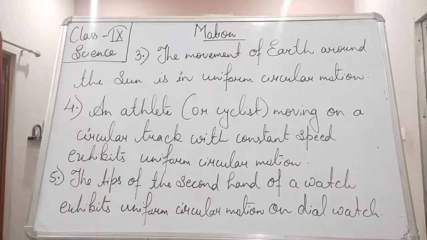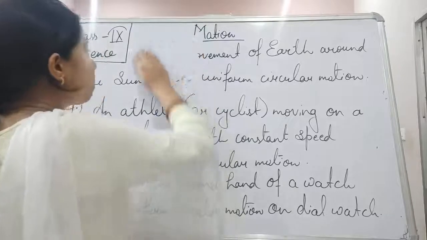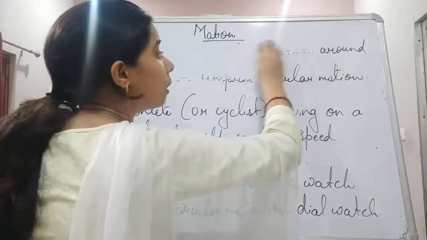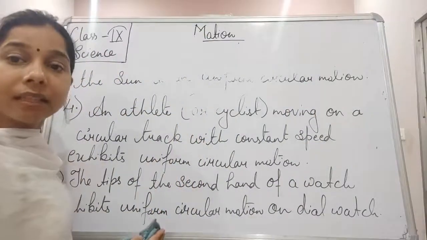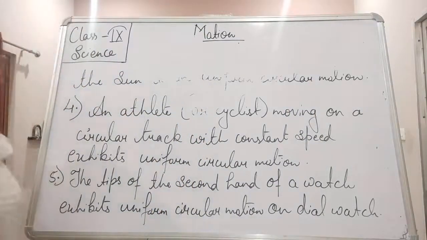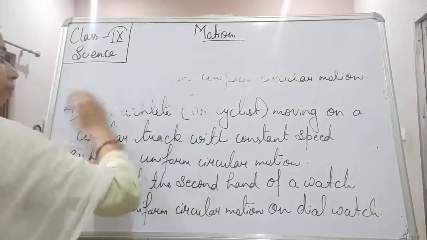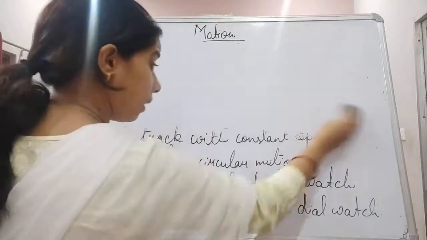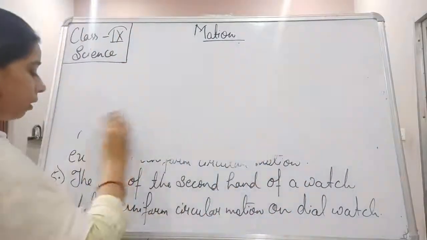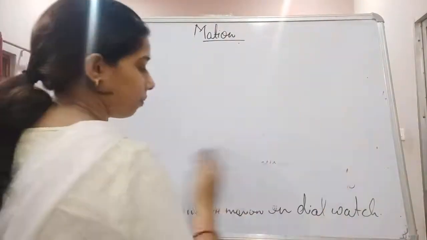So the question is, how do we calculate the speed of a body showing uniform circular motion? We have already seen how to calculate the speed of an object moving uniformly. Now let us see how to find the speed of an object showing uniform circular motion.